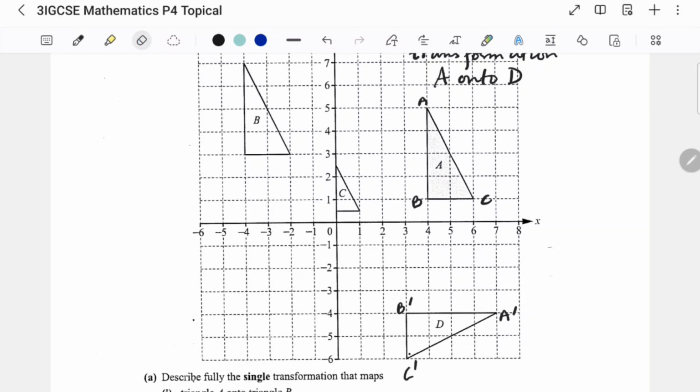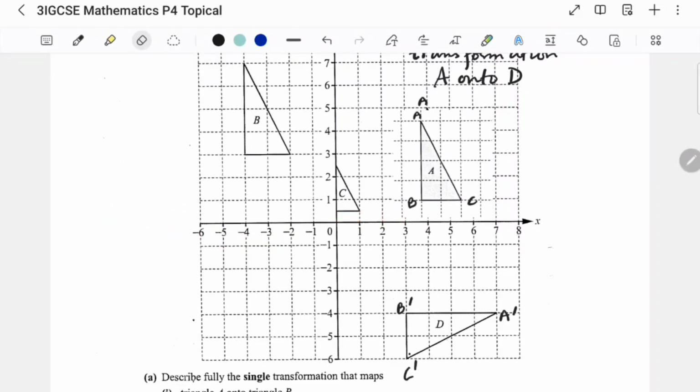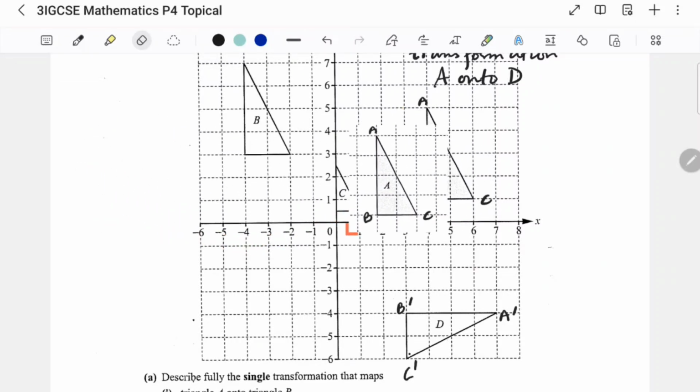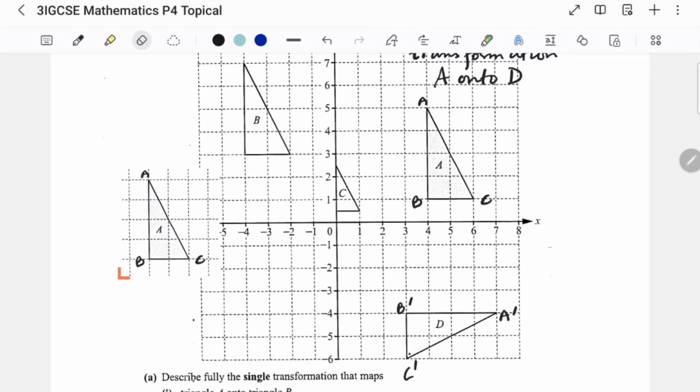Now we are going to check the angle and center and also the direction. So if I check the angle and the direction, I'm just showing you how it moved. Okay, now this is your A, which is the same. If we have to rotate it, obviously your A is moving clockwise.